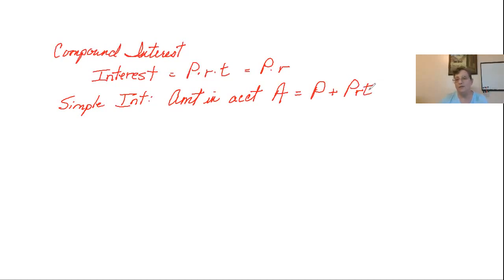So if it's for 1 year, just principal times rate. 2 years, you get the same interest that you did originally, because with simple interest, they're not giving you interest on anything but the original principal. So if you get $30 interest the first year, you'll get $30 the second, $30 the third, $30 the fourth, no matter how long you leave it there. Notice we could take the P's out, factor that out, and leave 1 plus RT.